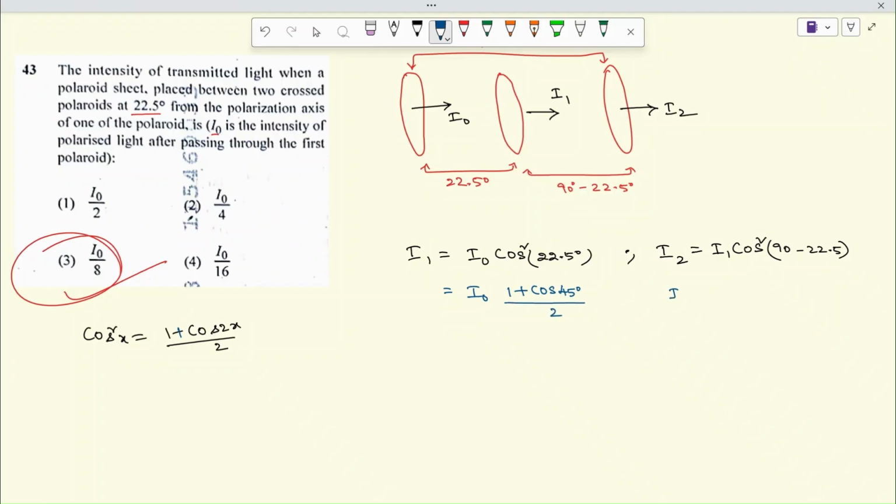Similarly, what happens to I2? I2 is equal to I1 into cos square 90 minus theta, that is sin square theta, which is sin square 22.5, which means again sin square theta is 1 minus cos 2 theta by 2.